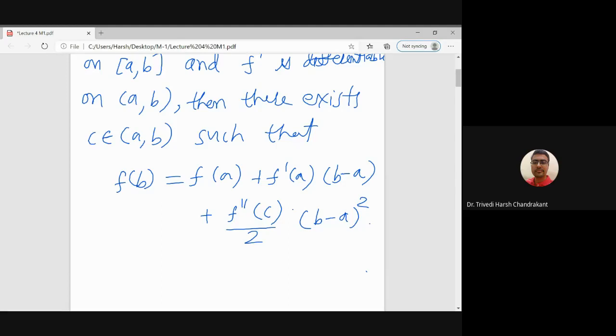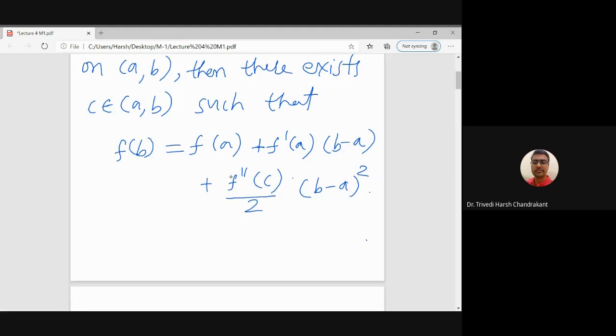You can see that earlier, for the single variable mean value theorem, we had f of b equal to f of a plus f dash c times b minus a, right? But now we have this equation for the second derivative.